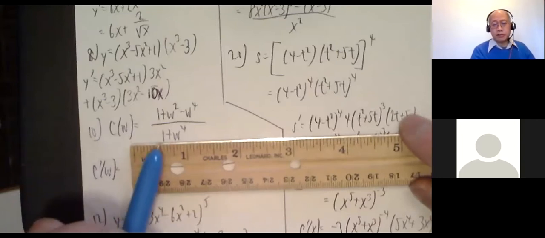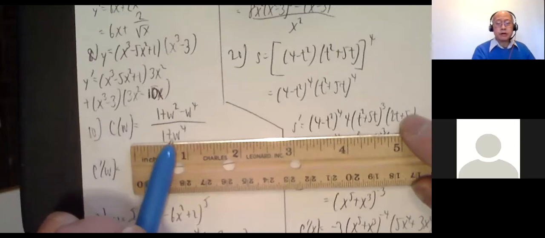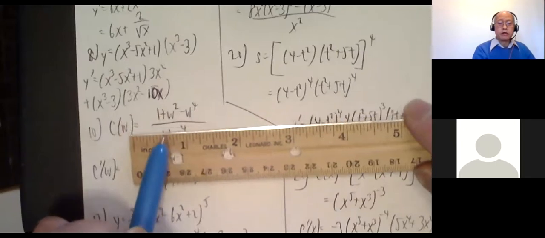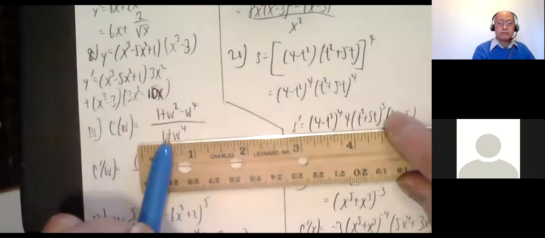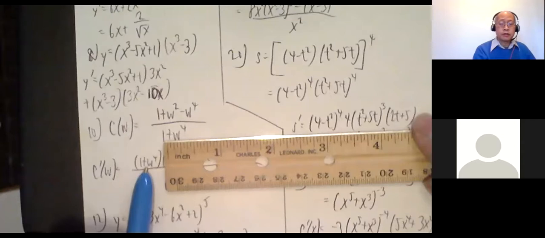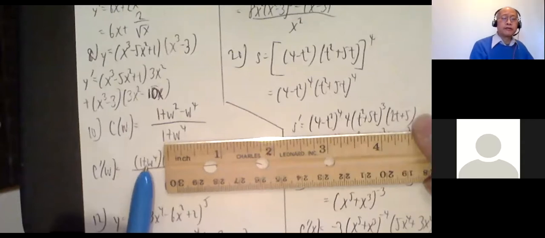Let me do the bottom first. The bottom's easy, right? What's the bottom? 1 plus w to the 4th, parentheses, squared. That's the easy part. Now how about the top? Copy the bottom, 1 plus w to the 4th, times the derivative of the top.